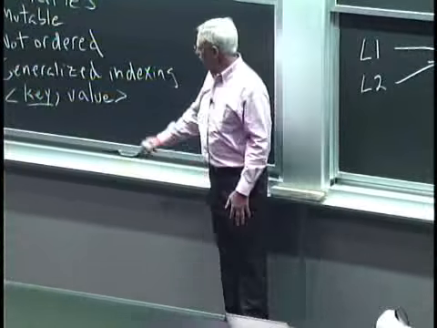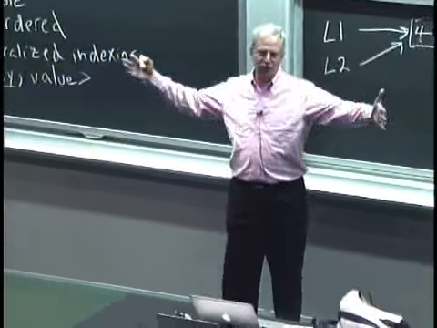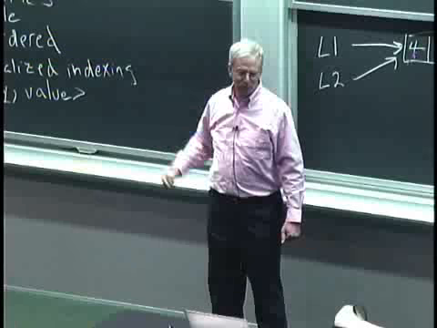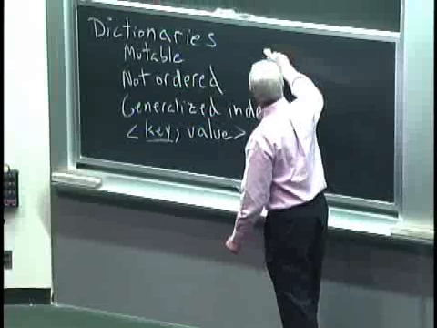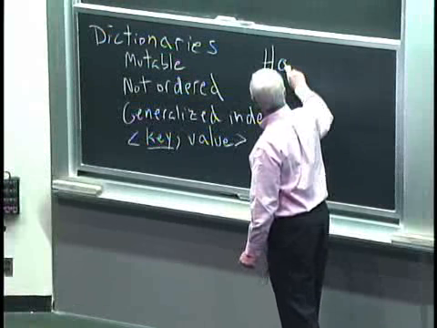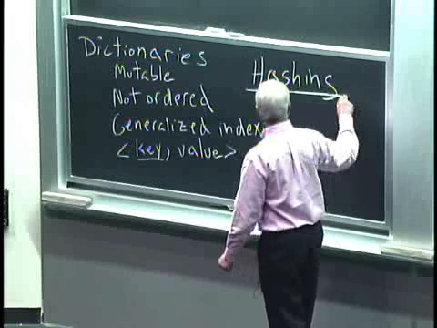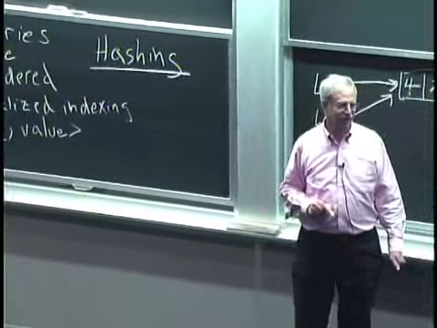Because if you did what I suggested with the list, the time to look up a key would be linear in the length of the list. You'd have to look at each element until you found the key. Dictionaries are implemented using a magic technique called hashing, which we'll look at a little bit later in the term, which allows us to retrieve keys in constant time.